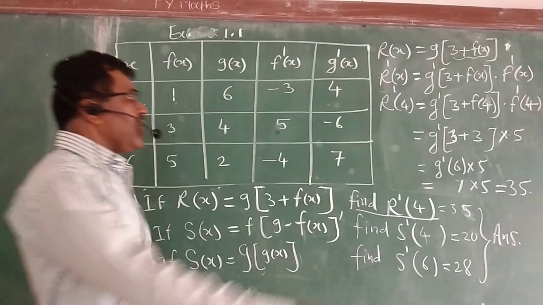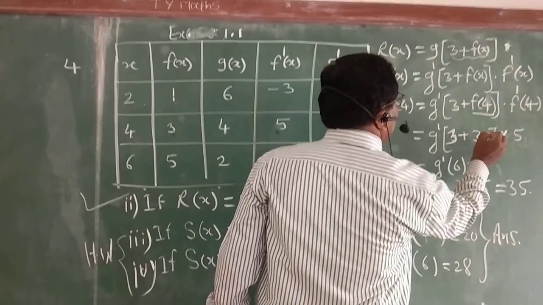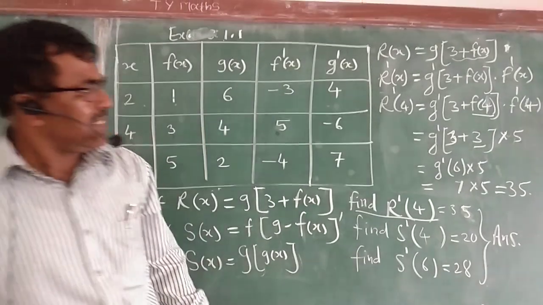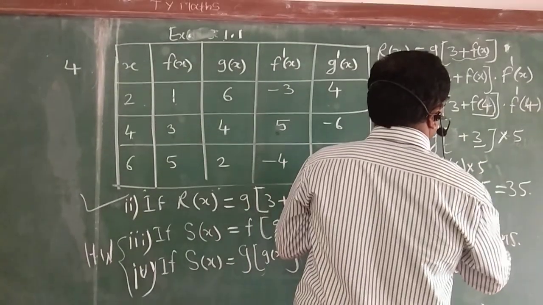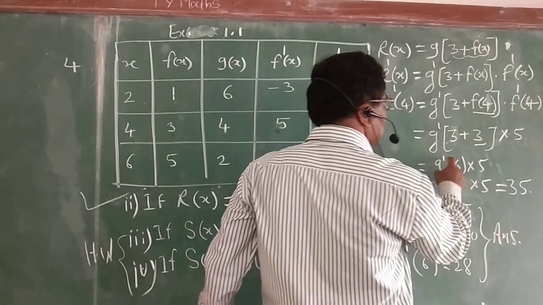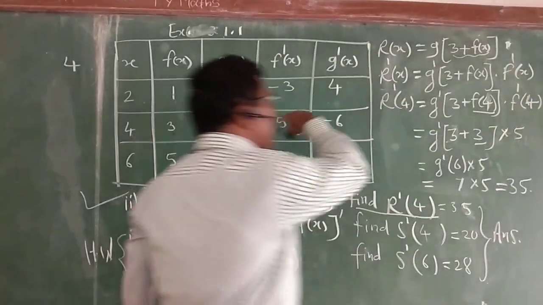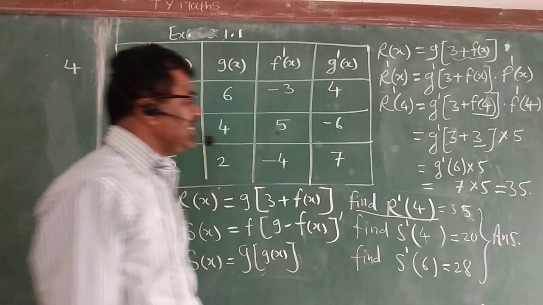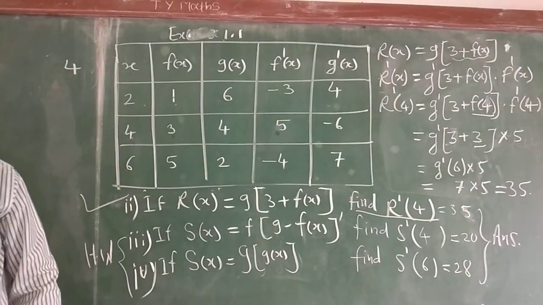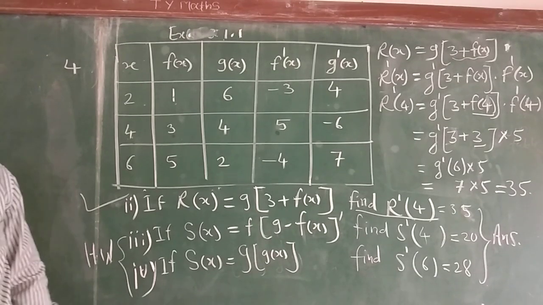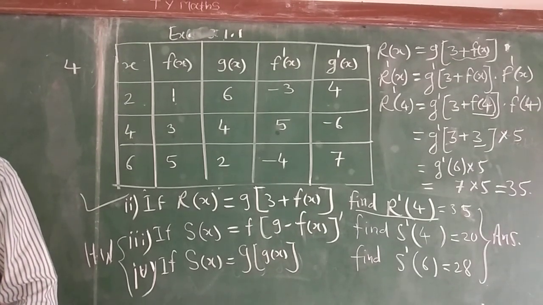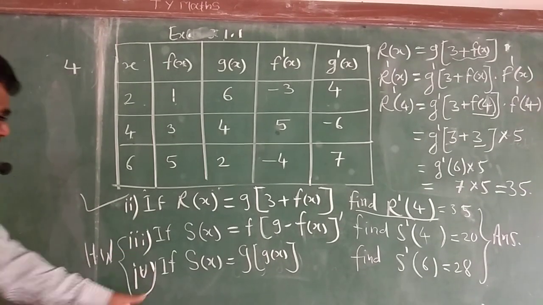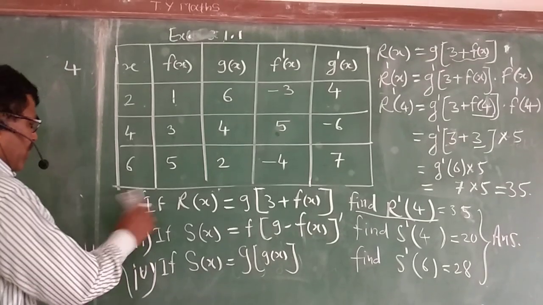From table, f of 4 equal to 3, 3 plus 3, that is g dash 6 into f dash 4 equal to 5. g dash 6 equal to 7, that is equal to 35. Similarly, you can solve example number 3 and 4 for homework.